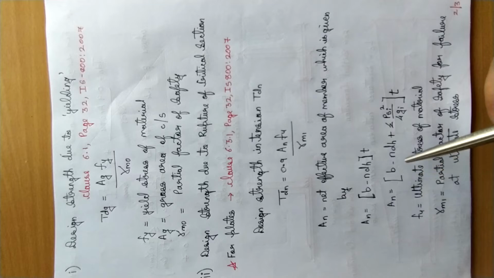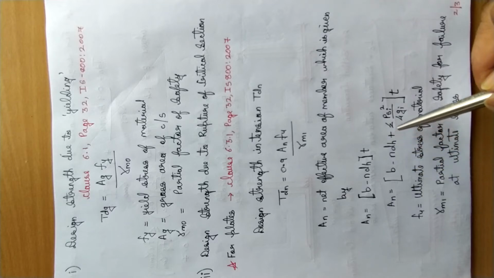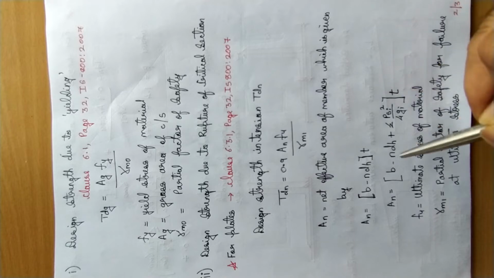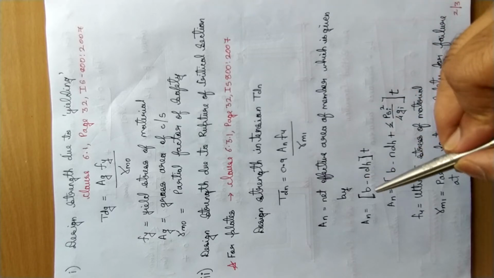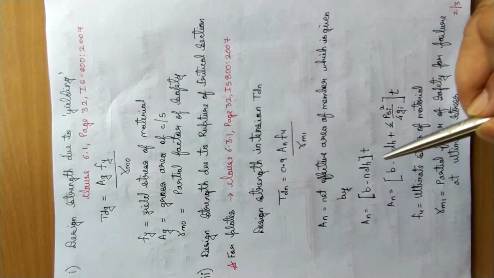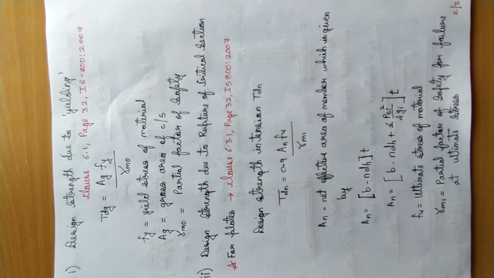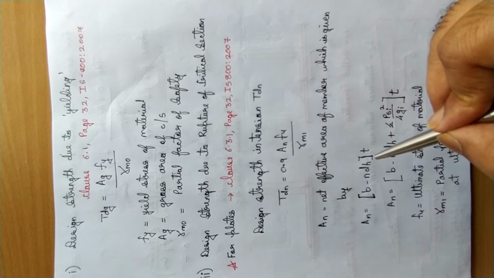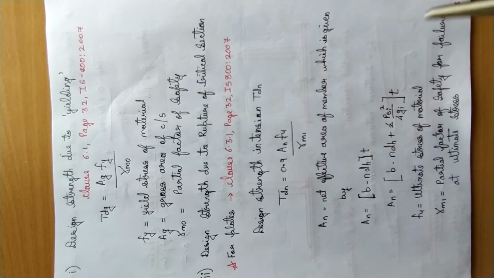An equal to b minus n dh plus summation of ps squared divided by 4 gi, into t, for staggered pitching. Here b is the width of the section, n is the number of bolt holes in the critical section taken into consideration, dh is the diameter of the bolt hole, and t is the thickness of the member.